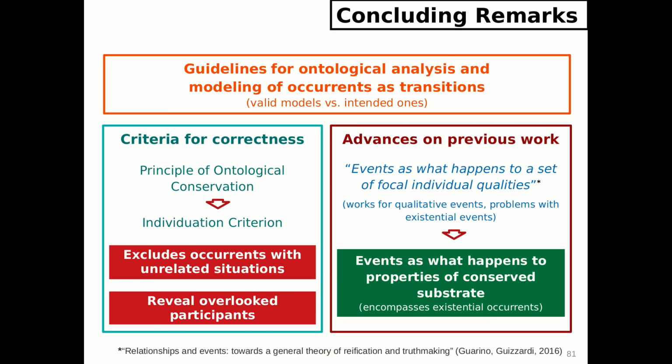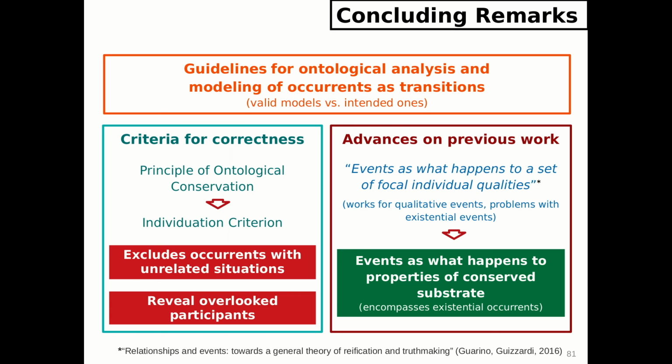Our proposal may allow us to adjust this definition to have events as what happens to the properties of some conserved ontological substrate, allowing us to encompass the existential occurrence, since the ontological substrate must be constant during the whole occurrence of the event.